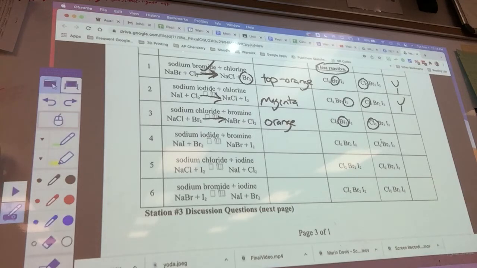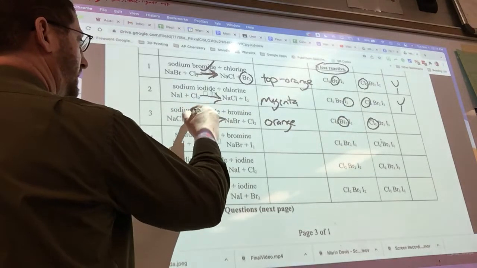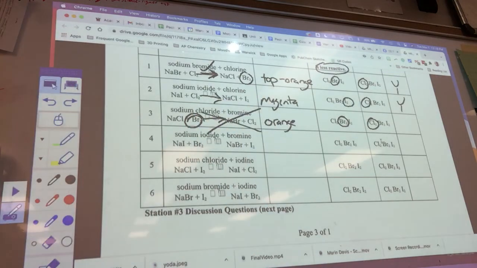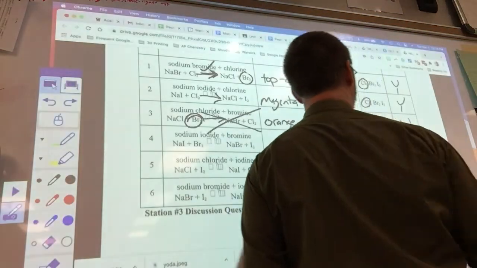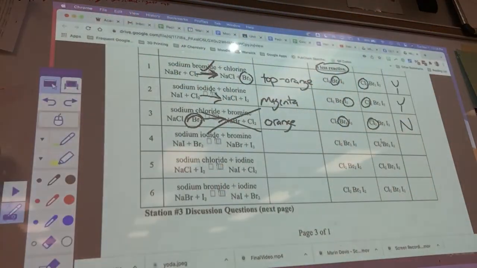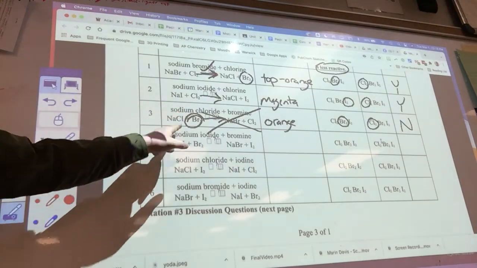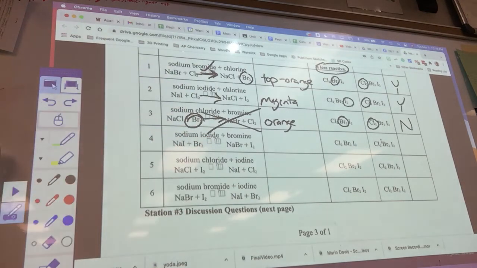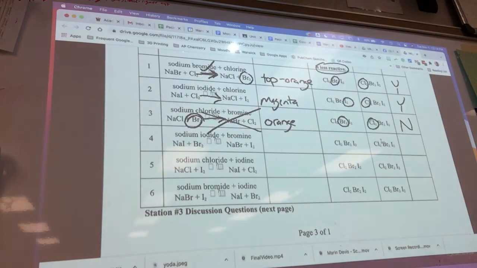Right, you were the one that added this bromine and it never turned clear. So this reaction never occurred. It was a potential reaction, that's why there was a question mark there. But that reaction did not occur. Why? Because the less reactive bromine was already sitting by itself. It doesn't want to react, so it's not going to react. Any questions on station 3?